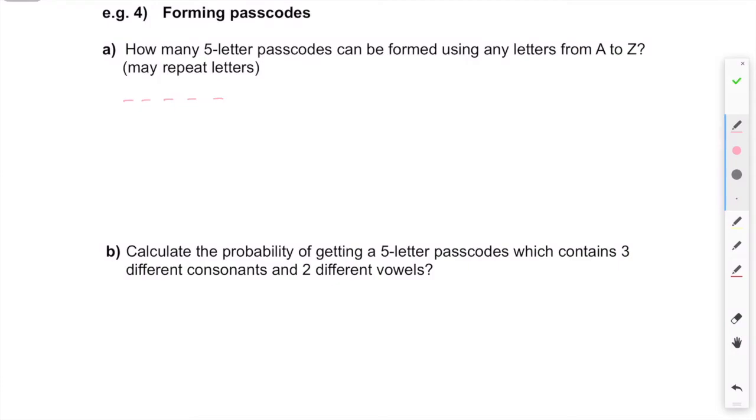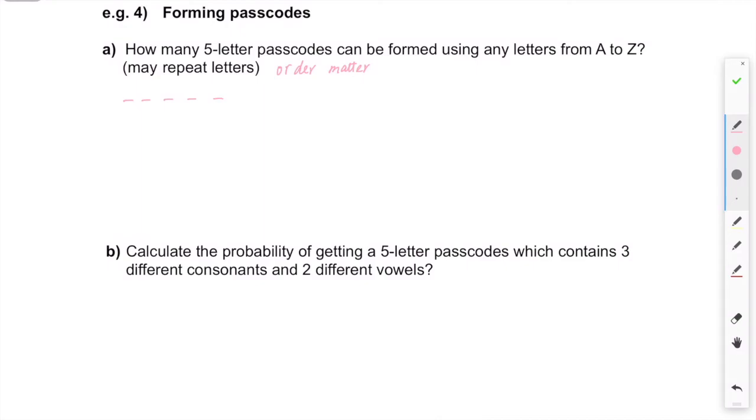Now, because we are allowed to repeat letters, if I have 1, 2, 3, 4, 5, it's a different passcode than 4, 5, 3, 2, 1. So that means order does matter. In a sense, we need to consider the number of arrangements. So think, how many choices do I have to make up the first letter in the passcode? 26, right?